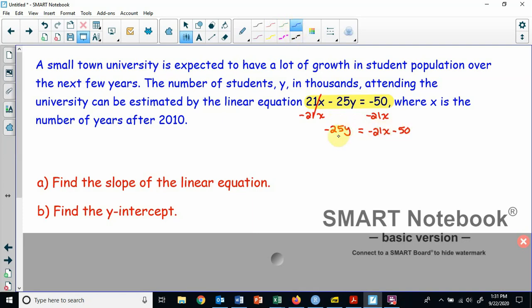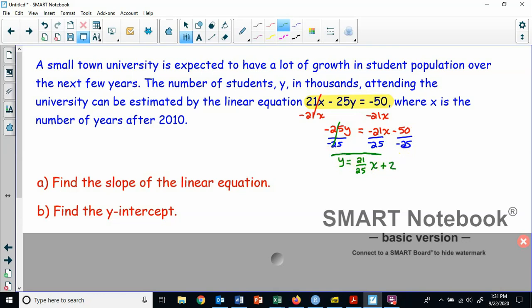Now I need to divide all three terms by negative 25. Okay, and watching very carefully, the negative 25s are gone, so I have y equals negative divided by negative is a positive, and 21 over 25 does not reduce. X, let's see, negative over a negative does make a positive, and 50 over 25 is 2.